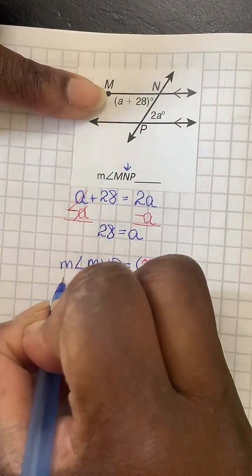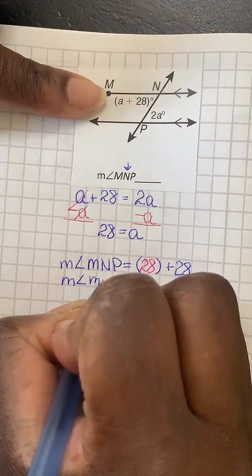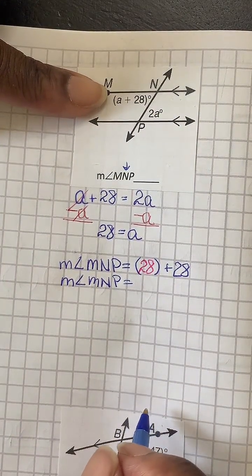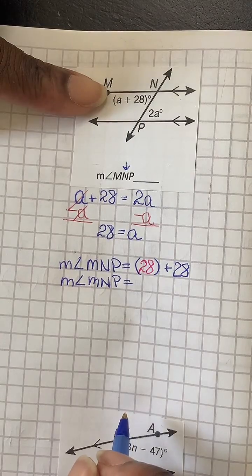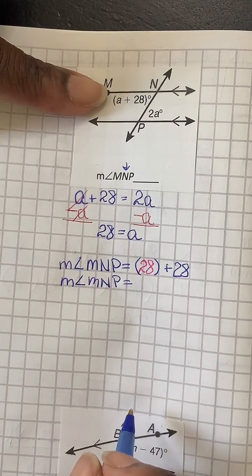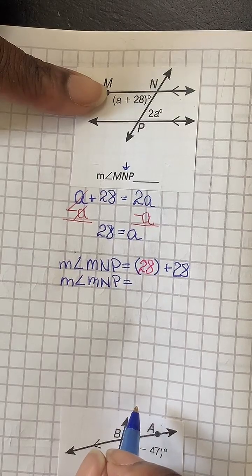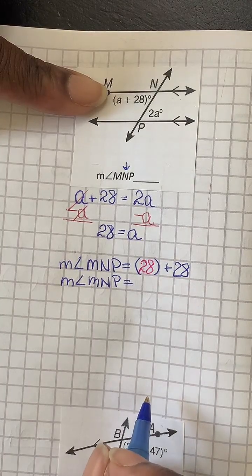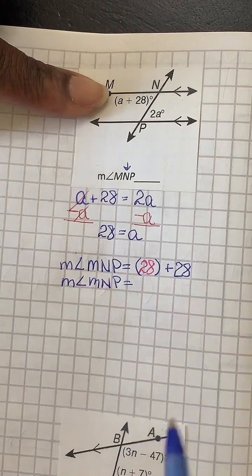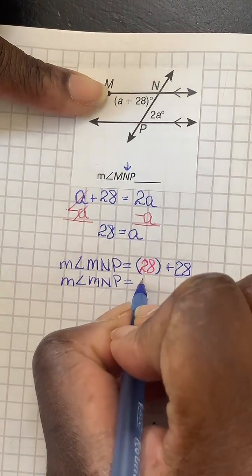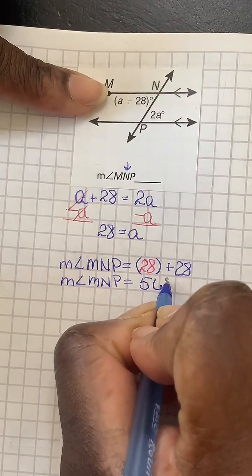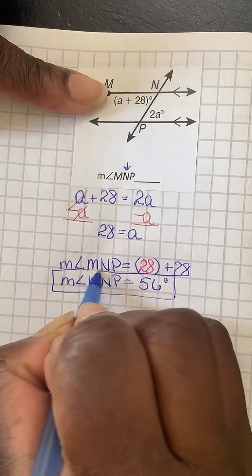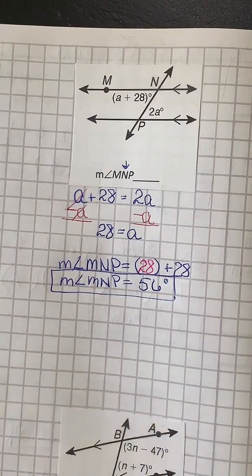So that means the measure of angle MNP is going to be what? Yes, Sean. Yes, Raven. Okay. Cat, that's what we got for A. Good. Yes. Okay. Not a problem. So, yes, we get our 56 degrees. Don't forget about the degree symbol. I know it's kind of hard to put a degree symbol in here. Okay.